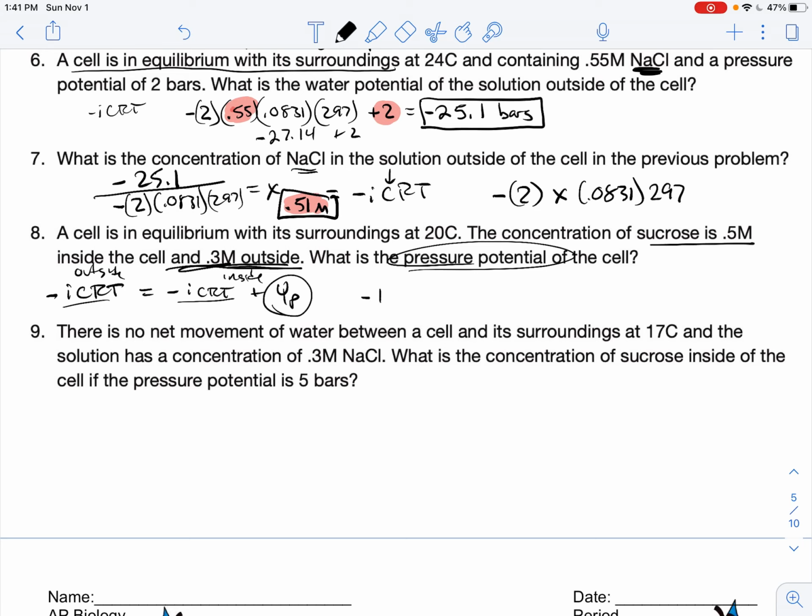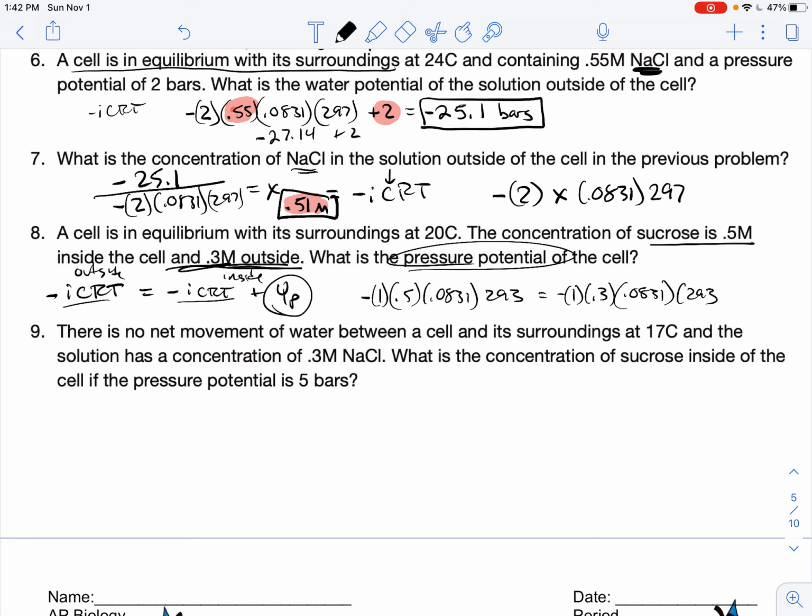So negative times 1, because it's sucrose, 0.5 times 0.0831, and our temperature of 293. Okay. And then we're going to have equals negative 1 times 0.3 in this case, times the 0.0831 times 293.